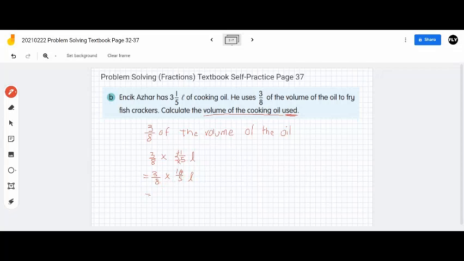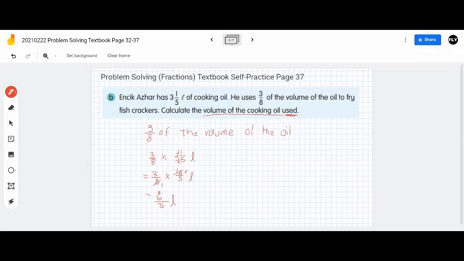Yes, 8 and 16. They are in the multiplication table of 8. So 8 times 1 is 8. 8 times 2 is 16. So 3 times 2 is 6. 1 times 5 is 5.